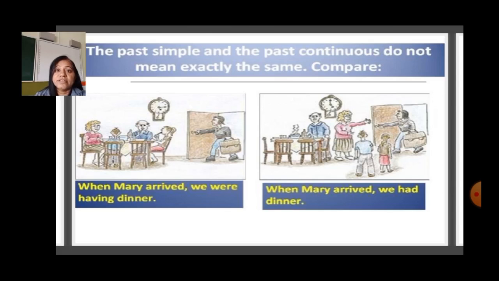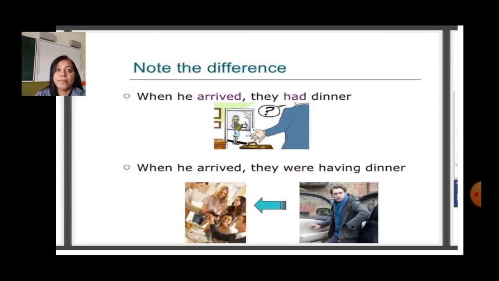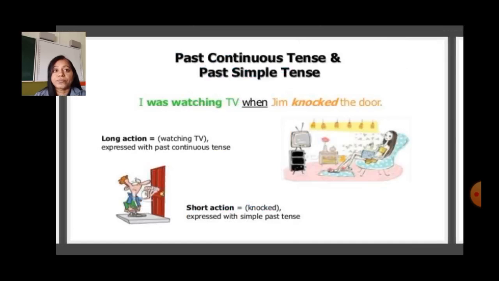But in the second sentence, when Mary arrived, they had already finished their dinner. So it does not mean the same. When he arrived, they had dinner. When he arrived, they were having dinner. What is the difference between these two sentences? The first shows that they had already completed their dinner, and the second shows that the dinner is going on, the action is going on.